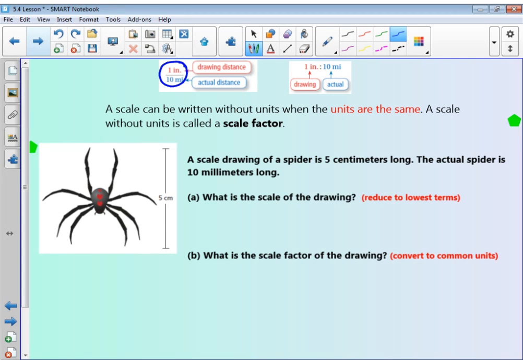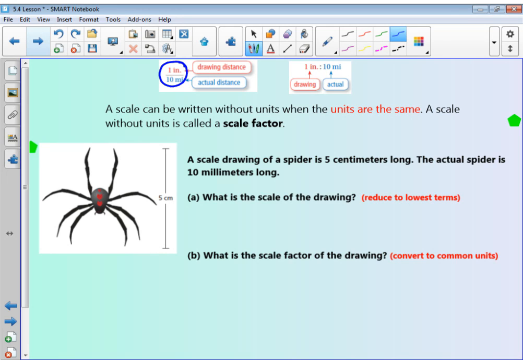So I would either have to change my miles into inches, which would be a huge number, or my inches into miles, which would be a really, really small number. So it's not very practical in that scenario, but sometimes it is. When you're working with two units that are kind of close to each other, you can convert and change them into scale factors. A scale factor is one that does not require units.